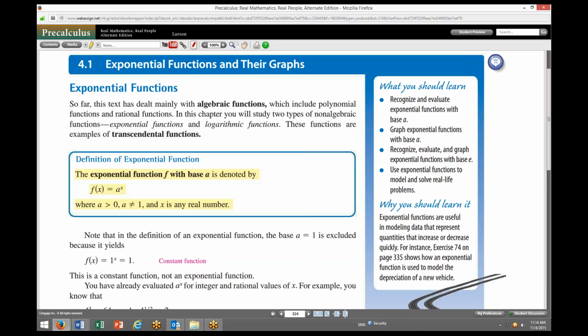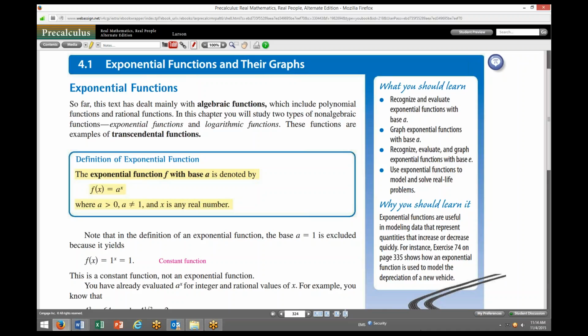But to any other power, it's going to be negative. So you get these kinds of functions that keep flipping back and forth across the x-axis, being discontinuous and all, and we're just not going to get into that. So the exponential functions we're going to deal with, and in general, this is the general definition, is where the base is some number more than 0, but not 1.